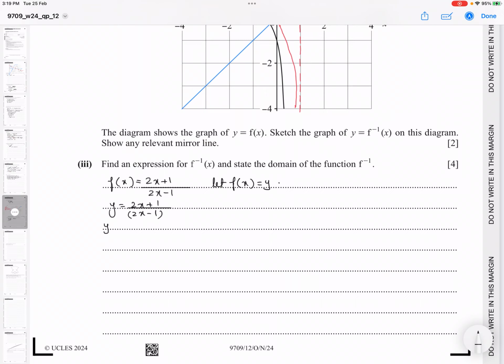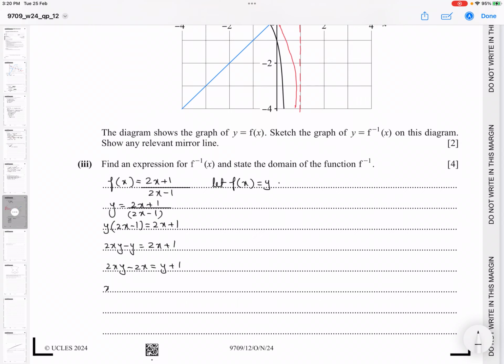So you multiply y by (2x minus 1) equals 2x plus 1. So this becomes 2xy minus y equals 2x plus 1. From here, 2xy minus 2x equals y plus 1.